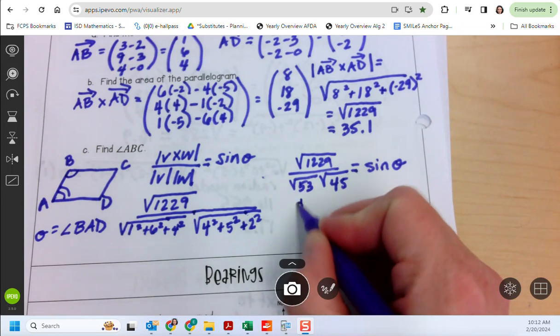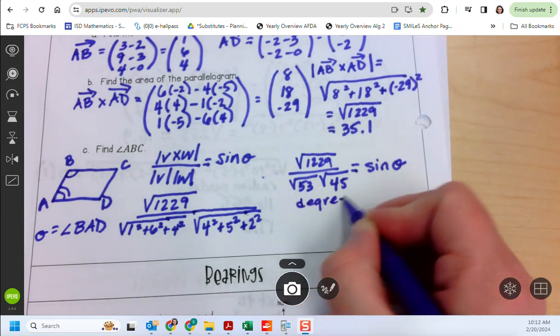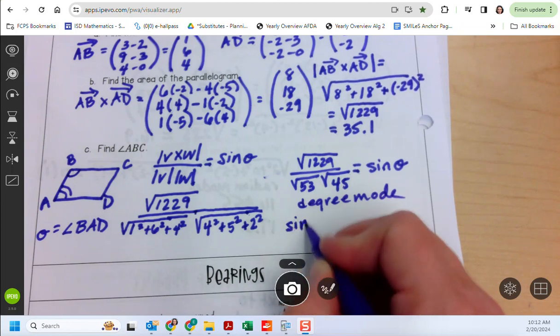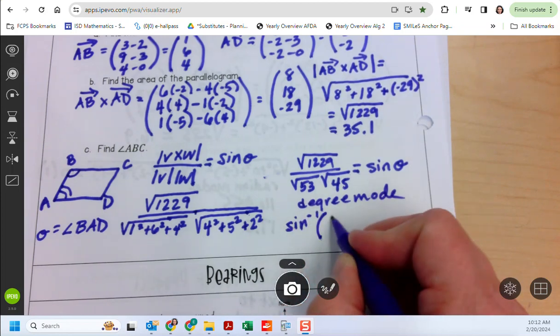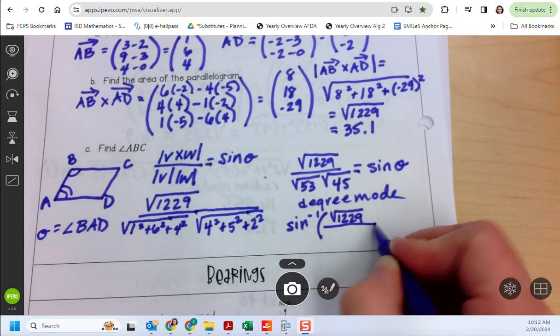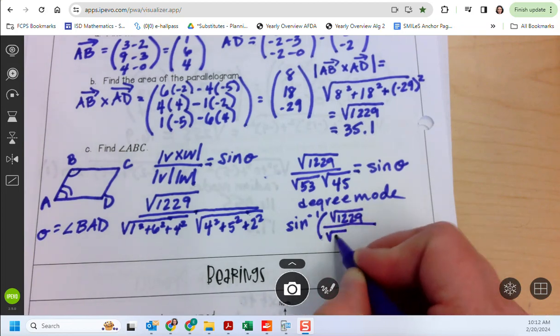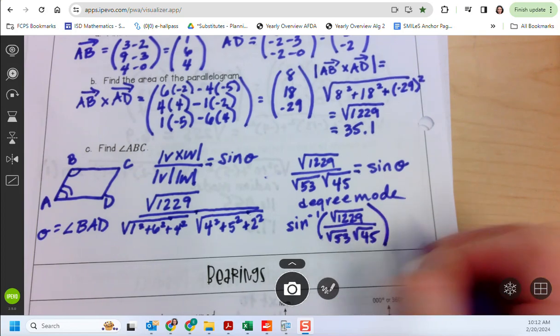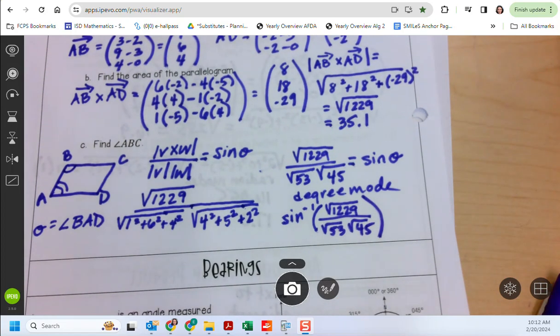So go to degree mode, and put in inverse sine of all that. Okay, and I'm going to put it in my calculator on the screen too, so we can see how that looks.